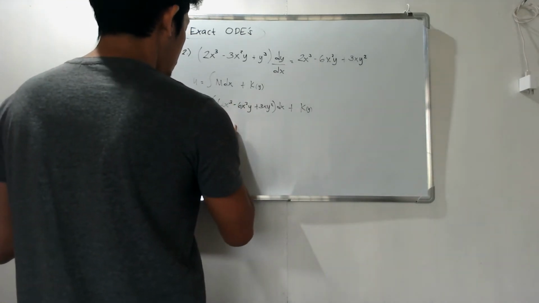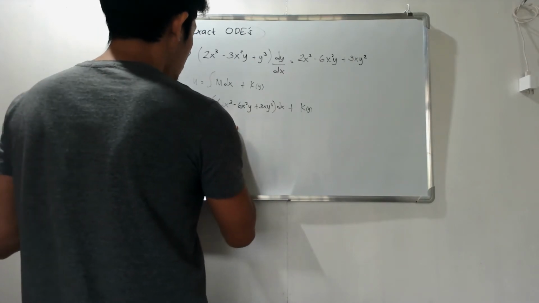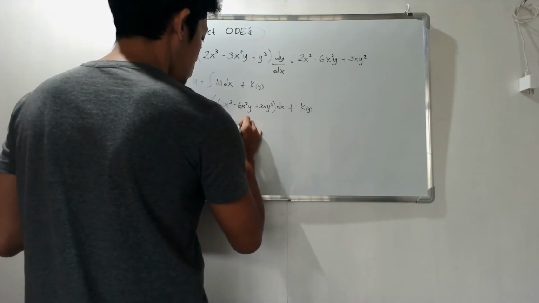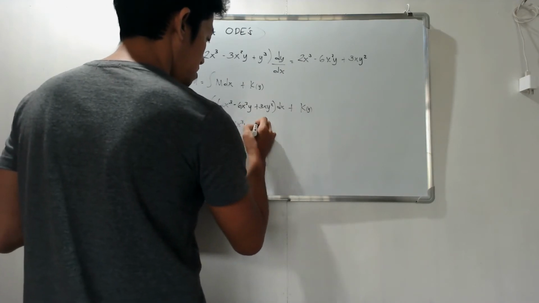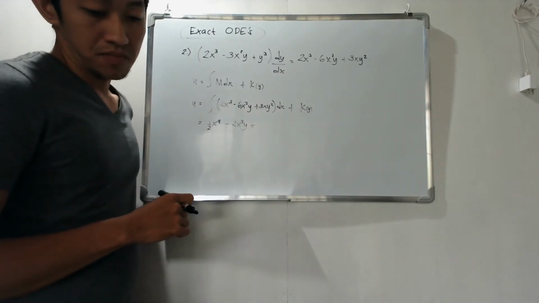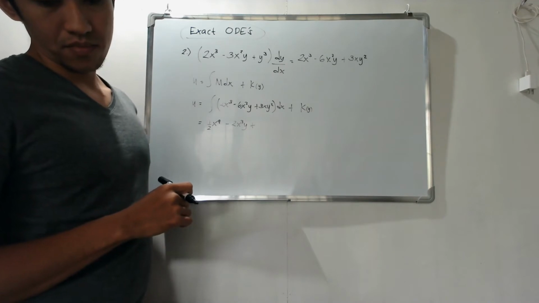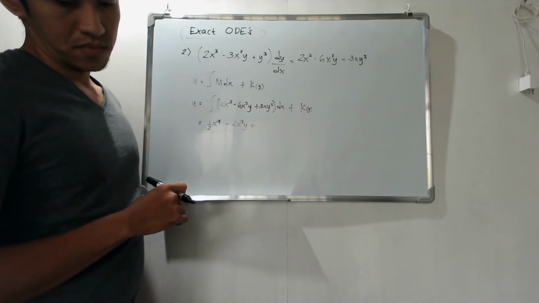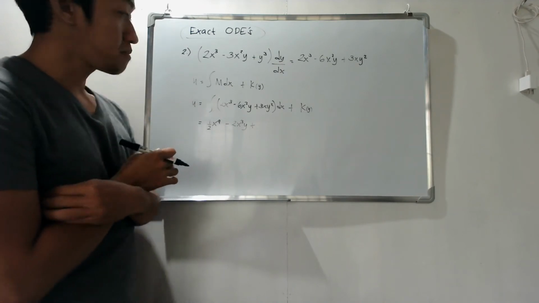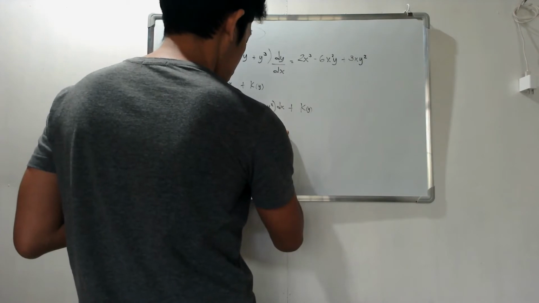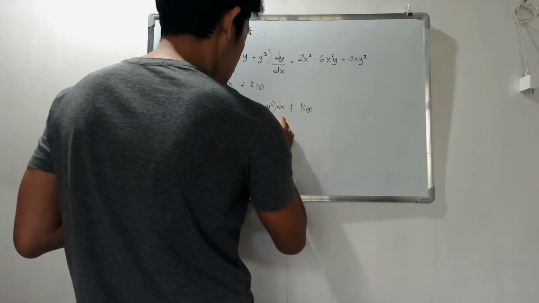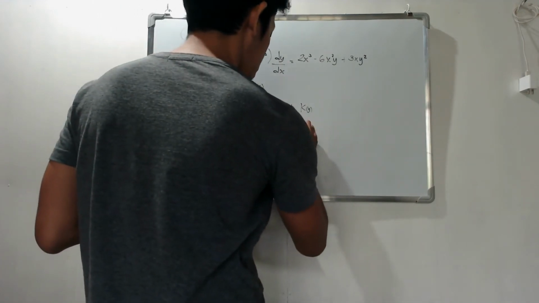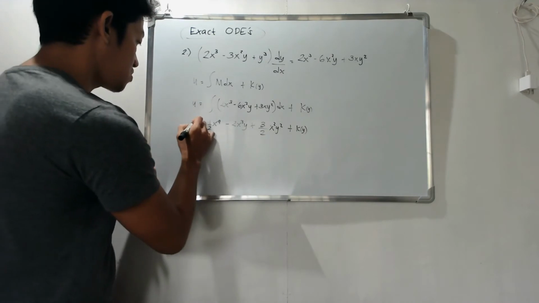So you have one half x to the fourth minus 2x cubed y plus 3 over 2 x squared y squared plus k. Okay, this is your u.